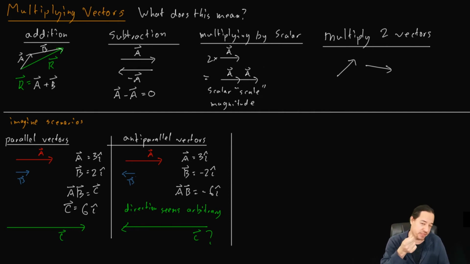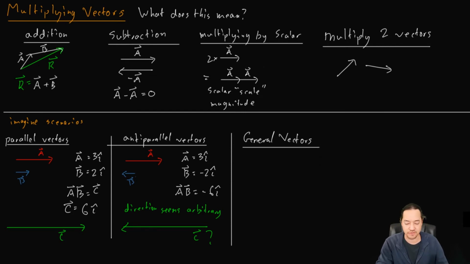Now let me tweak this again and make it the general case. So now we have the general case of two arbitrary general vectors, right? In this case, we might have something like, let's say we have a vector A that's pointing like this, and a vector B that is pointing like this.